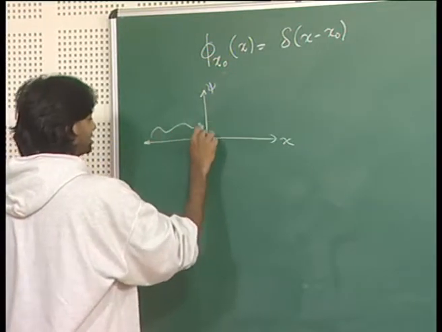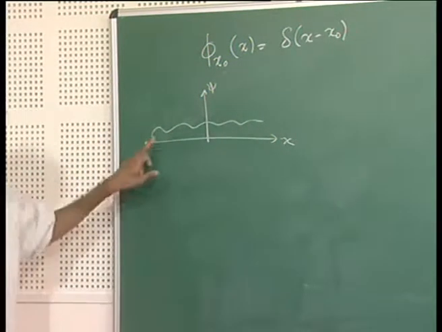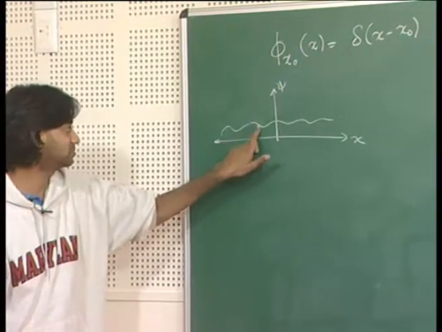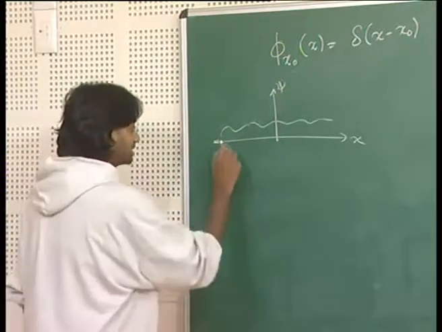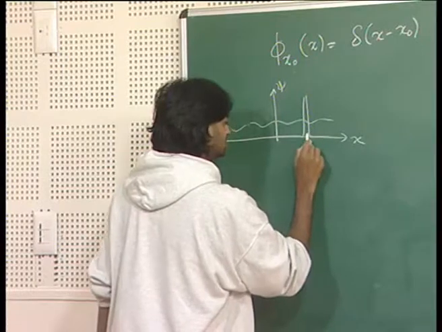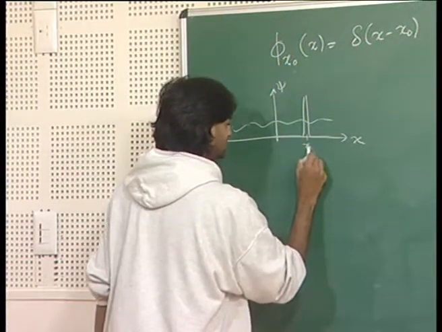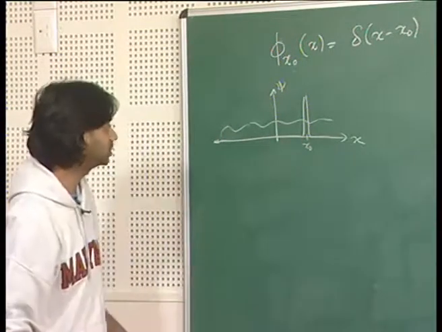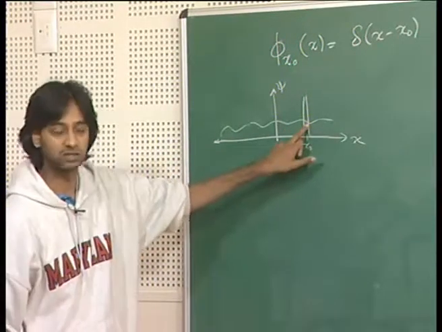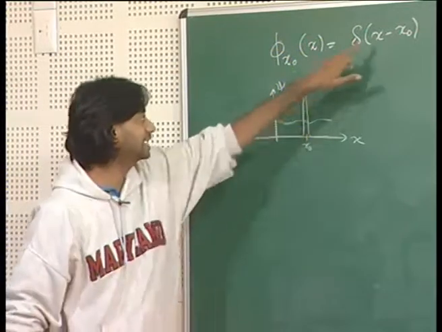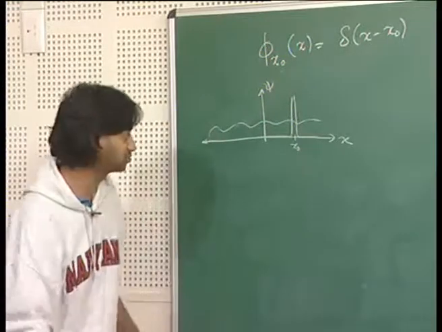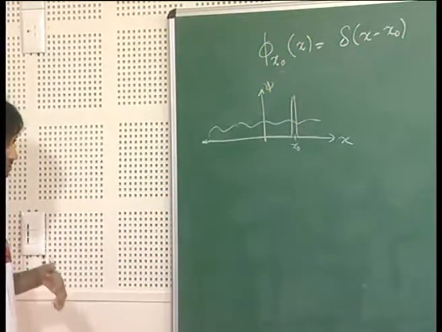Now if you had a wave function like this, then you have a certain probability of finding it here, a certain probability of finding it there, everywhere. But if your wave function looked like a delta function at x0, then the only place where you can find the particle is at x0. So, when you make a measurement, you will get one specific value x0, and that is why this is an eigenfunction of the position operator.